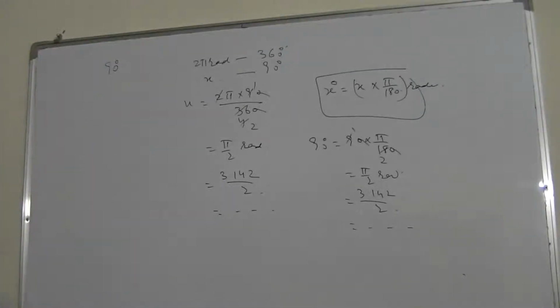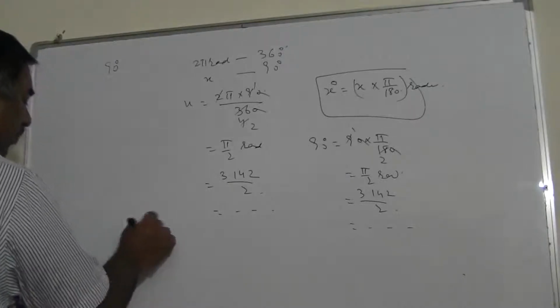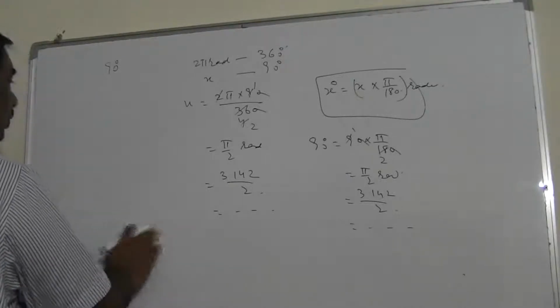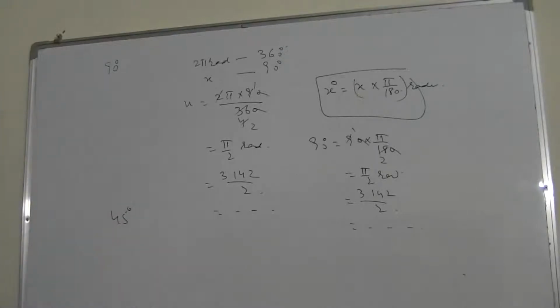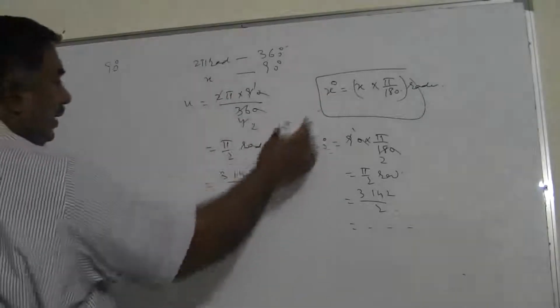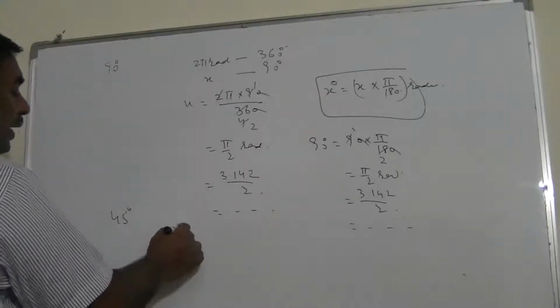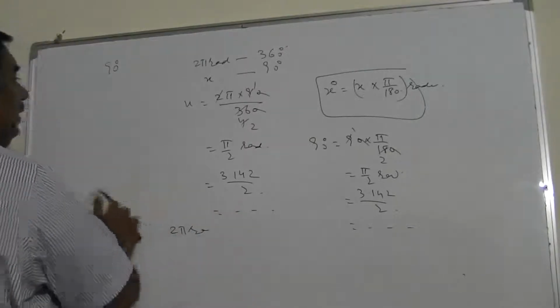Similarly, for example, what is 45 degrees, how much is 45 degrees in radians? I can change it either this way or by the formula. I will say 2 pi radians is equal to 360 degrees, and then how much 45 degrees will be equal to, we can change in that way. Similarly, we can also change radians into degrees.